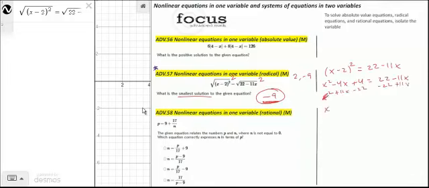So we get x squared plus 7x minus 18. And then you can try to solve by factoring. You get x plus 9 and x minus 2, giving you solutions of -9 and +2, your lowest one being the -9.